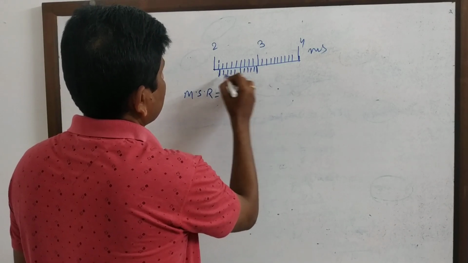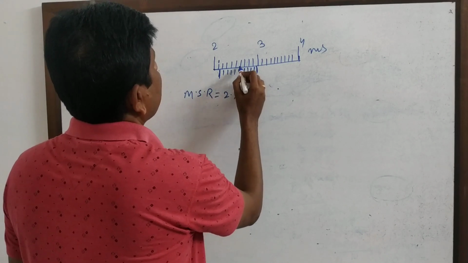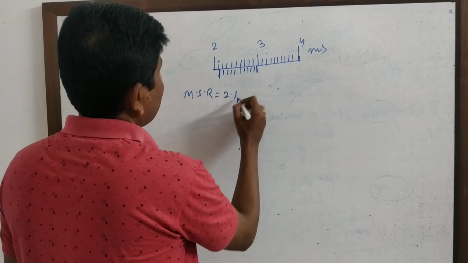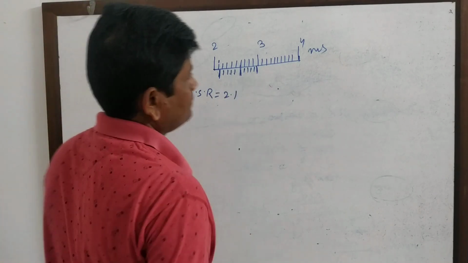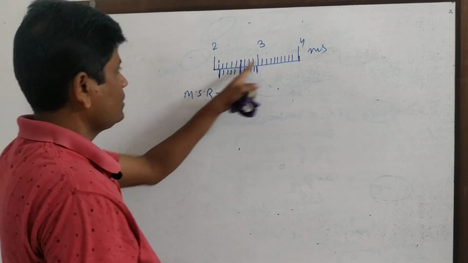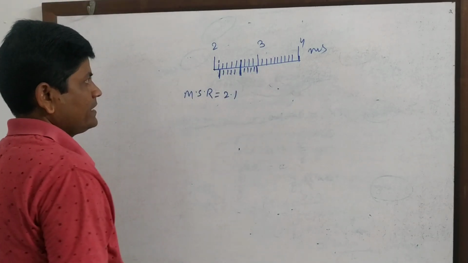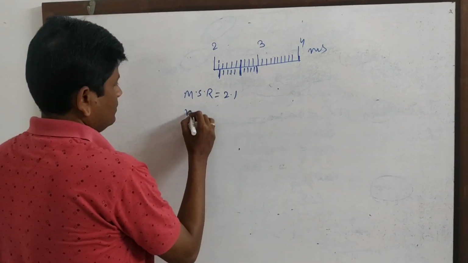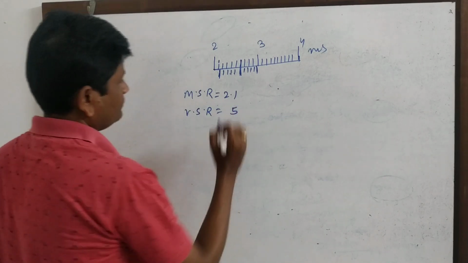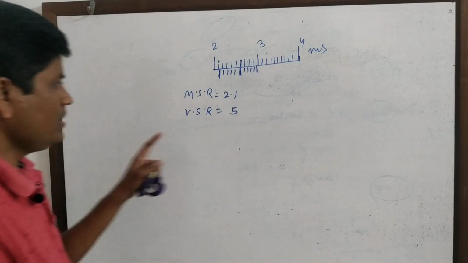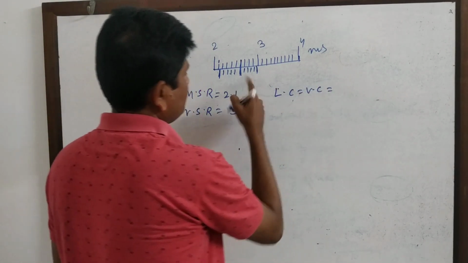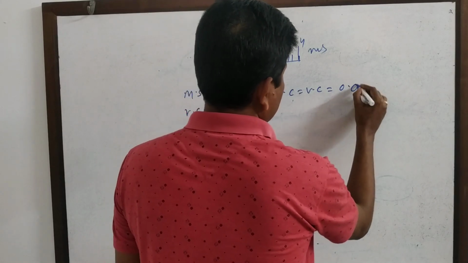Now if the 5th division of the vernier scale exactly coincides with any one of the divisions of the main scale, then the vernier scale reading will be 5.